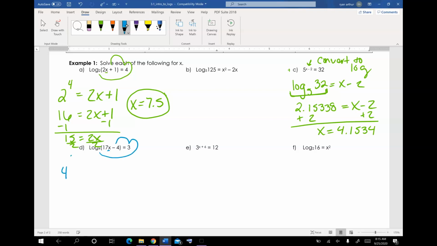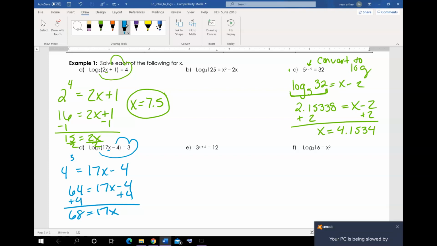So it's going to be 4 to the third equals 17x minus 4. Well, 4 to the third gives me 64. I'm going to add the 4. I get 68 equals 17x. 68 divided by 17 gives me 4. So x here equals 4.